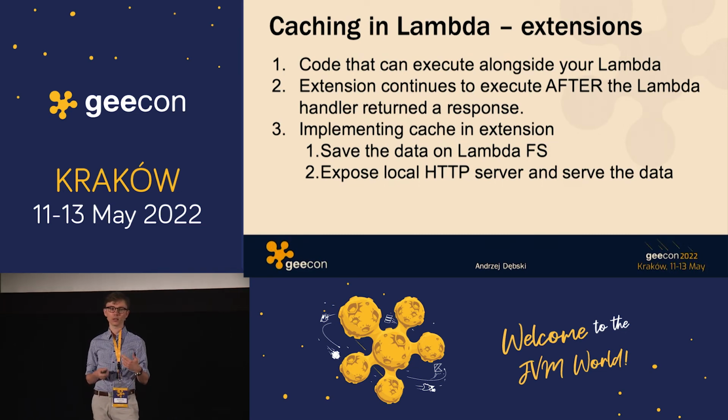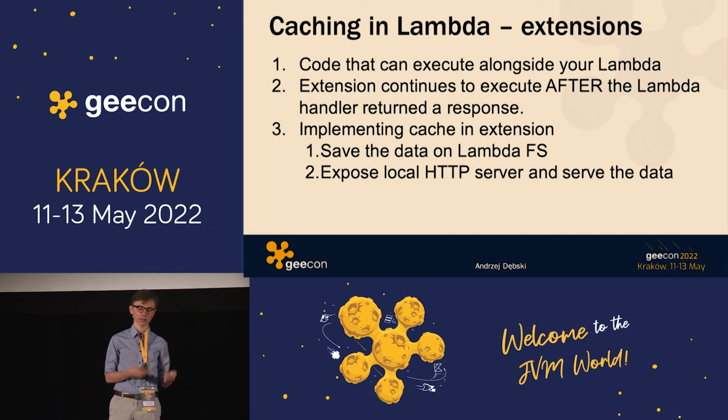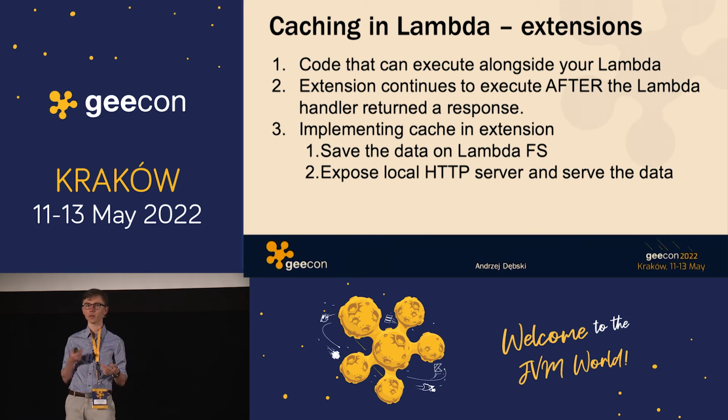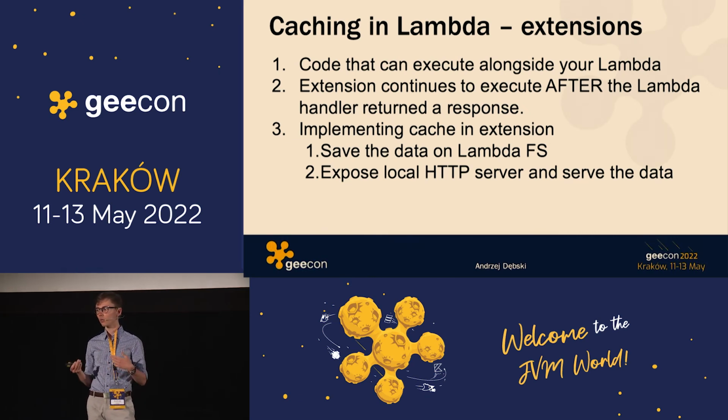If you want to use that for caching, you have at least two options. One is to save the cache contents on a Lambda file system, which is shared between the extension and your function. Or two, you can expose an HTTP server on localhost, where the extension will be the server, your function will be the client, and the function will ask for the cache contents. The second approach is used by this AWS AppConfig extension.